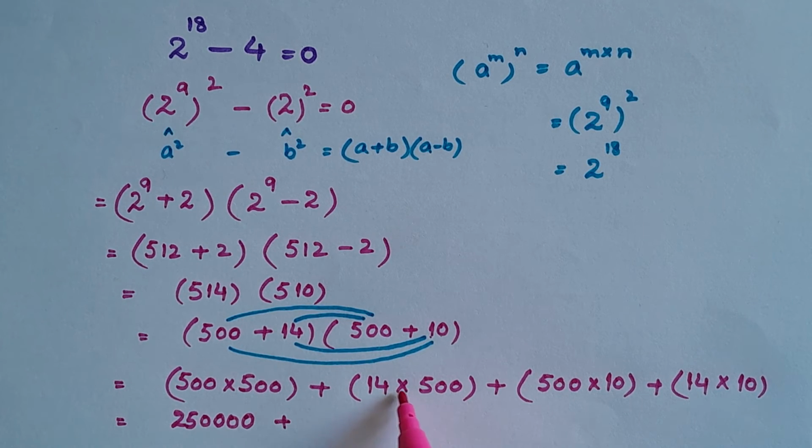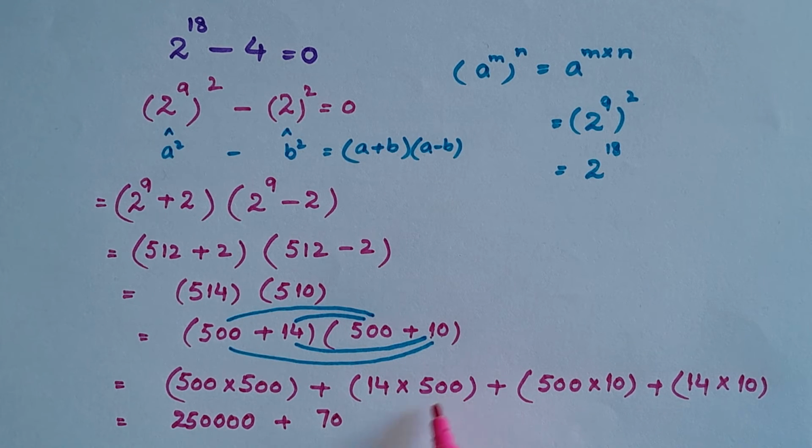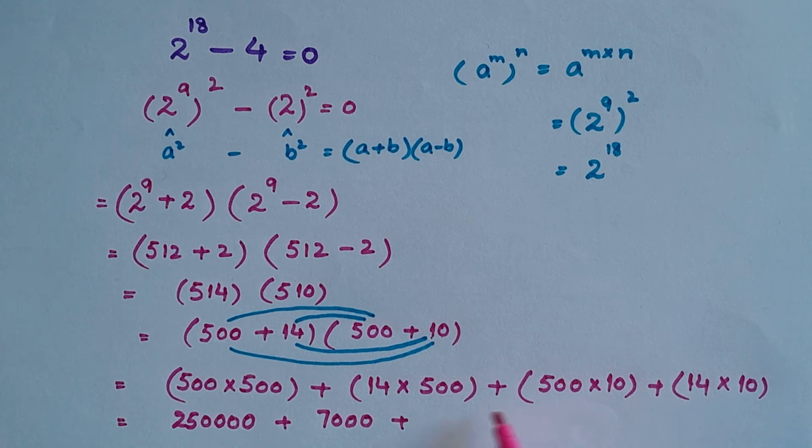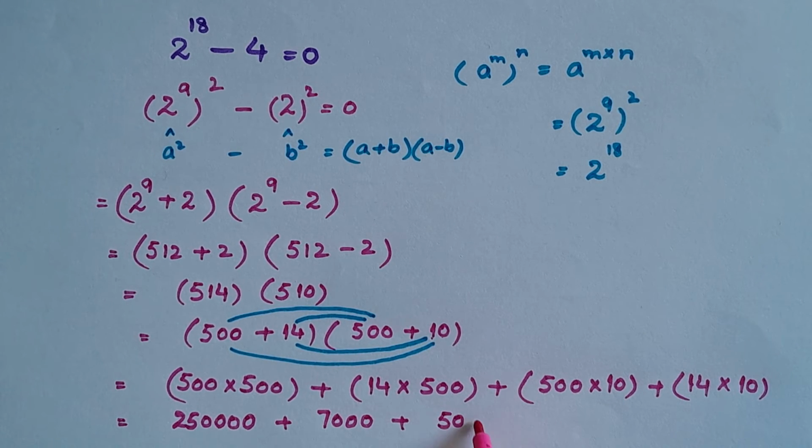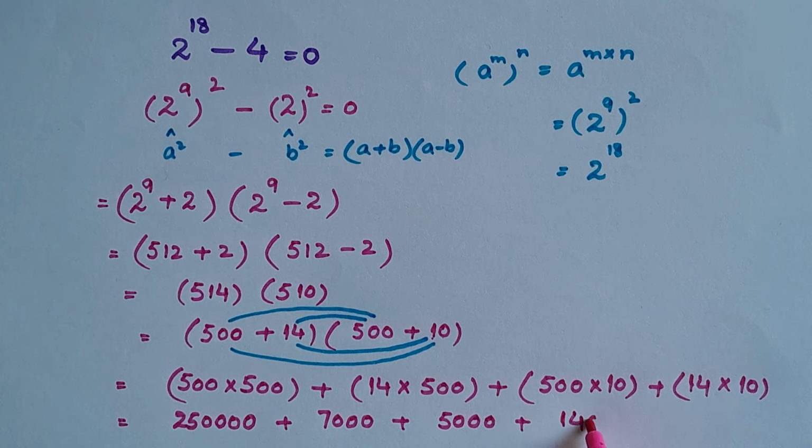Plus 14 times 5 is 70, and with the zeros 7,000. Plus 5 times 10 is 50, with the zeros 5,000. Plus 14 times 10 is 140.